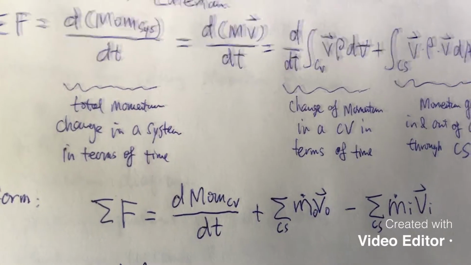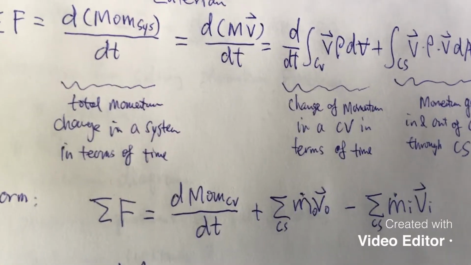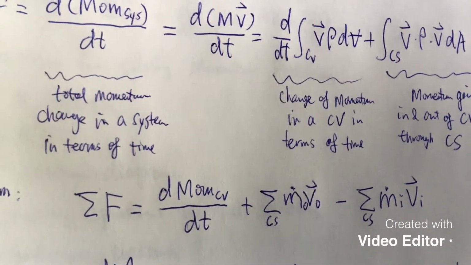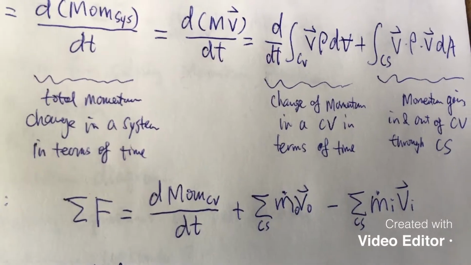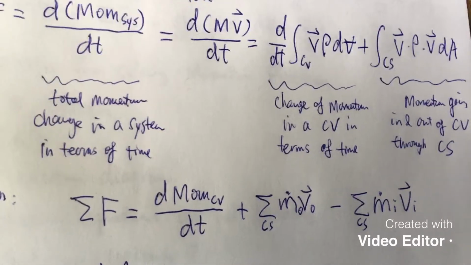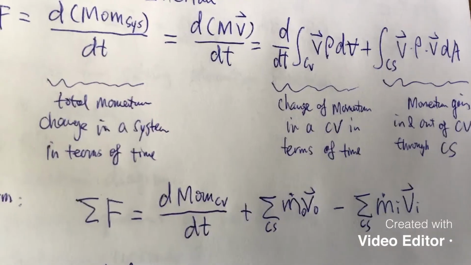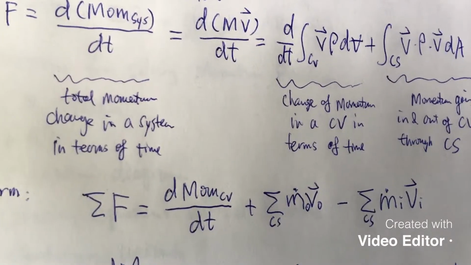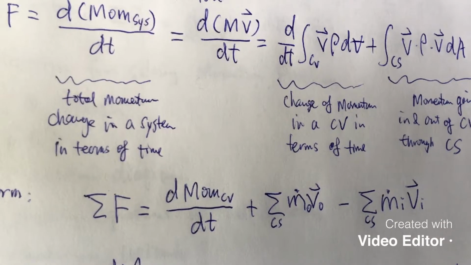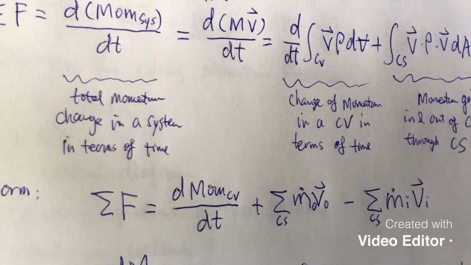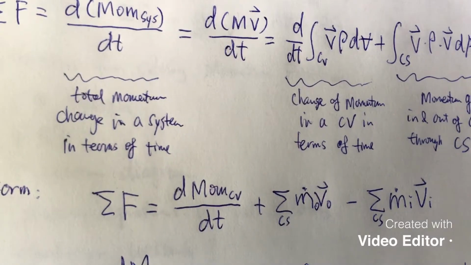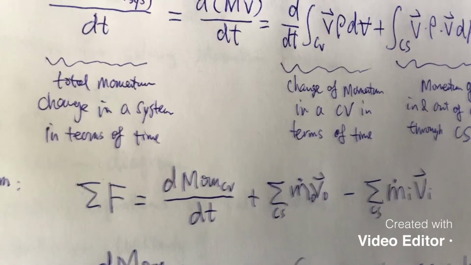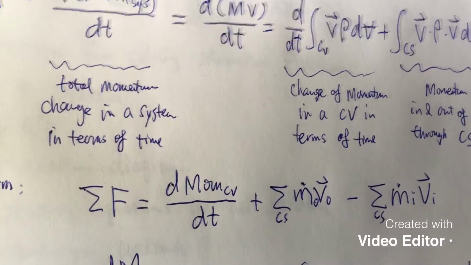So d momentum in the control volume over dt, plus the momentum out, which is the mass flow rate m dot times velocity, the summation if there are multiple outlets, then minus the summation of momentum in, m dot i times v i, through the control surfaces.